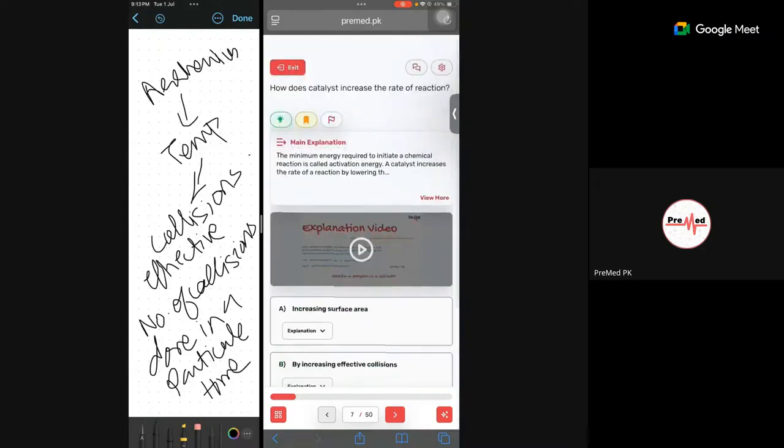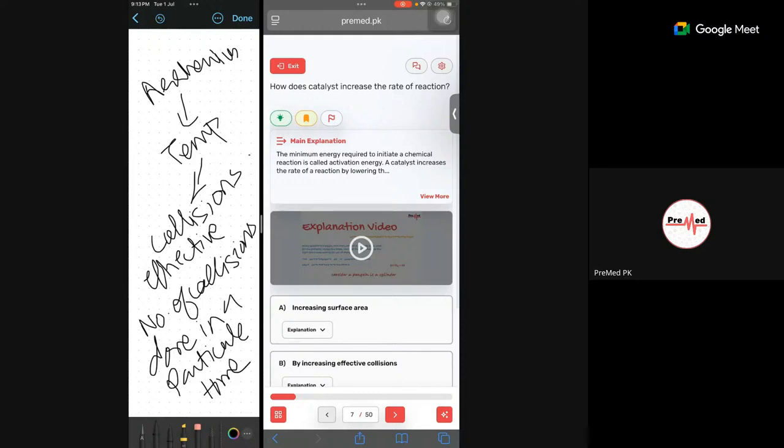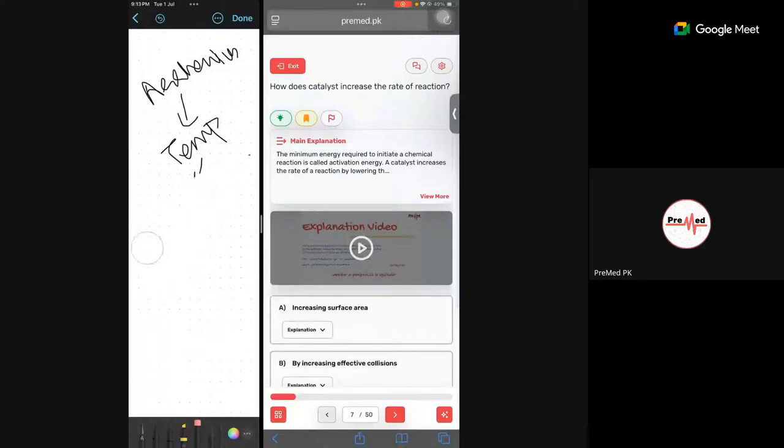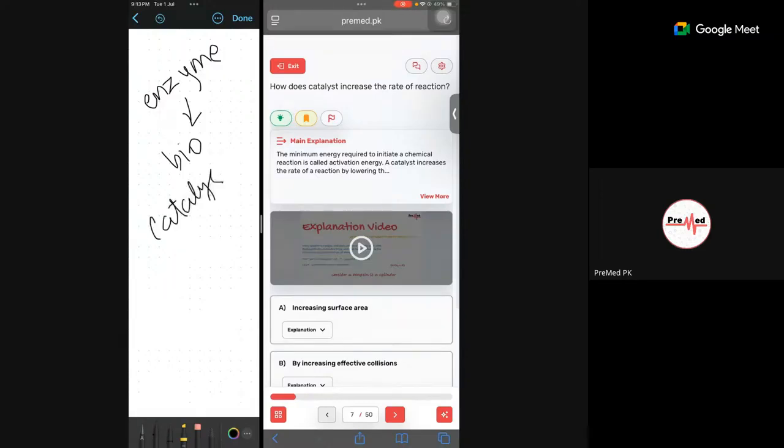Next we have: how does a catalyst increase the rate of reaction? Well, a catalyst's behavior is quite similar to that of an enzyme. But an enzyme is biological, a catalyst is chemistry. Enzymes we study in bio, and the catalyst is the enzyme of the chemical reactions of chemistry.